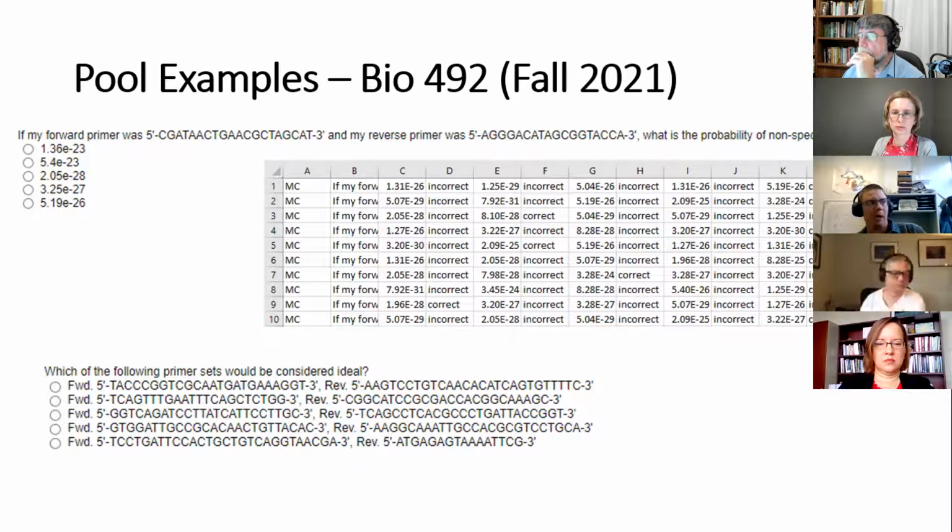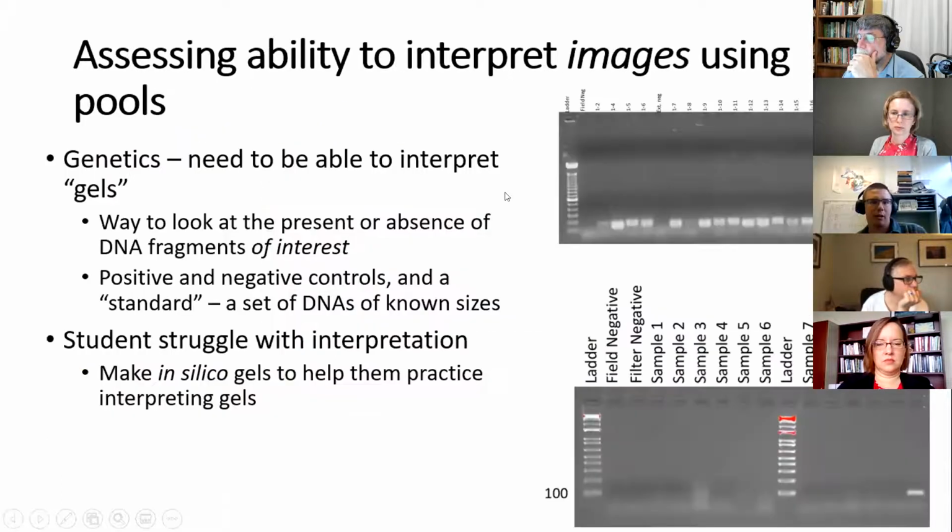With that in mind, in previous semesters, in the first 2 years that I taught this, when students actually get to interpreting some real data, they struggle with it. So the goal was to assess their ability in interpreting images using pools.